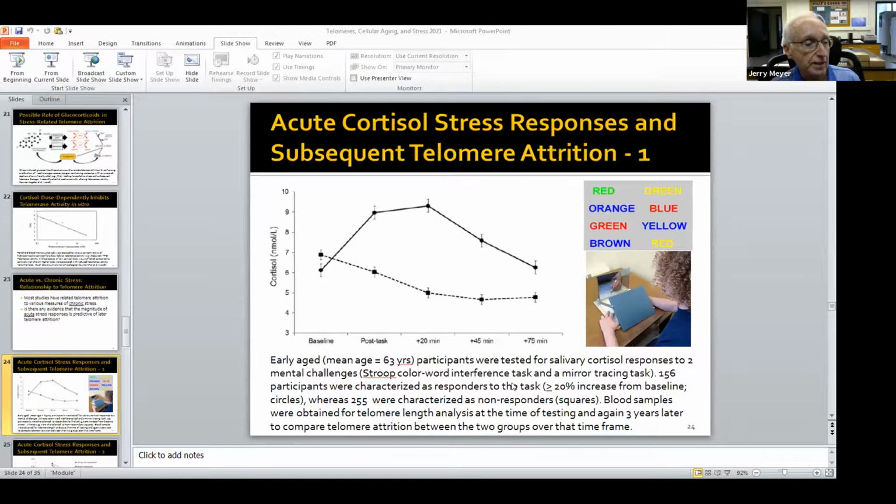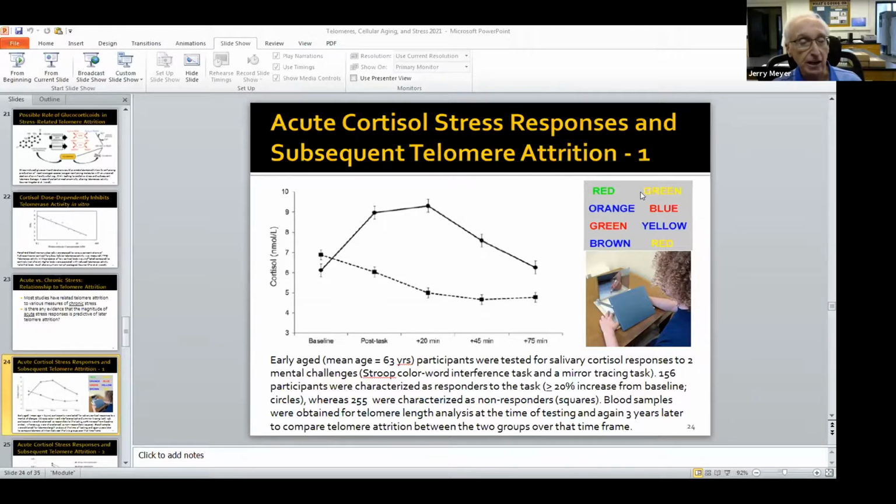They were looking at early aged individuals and using salivary cortisol responses as their index of acute stress reactivity. And they had two different kinds of stressors. For those of you who have a psychology background, you will know about this, the Stroop color word interference task.